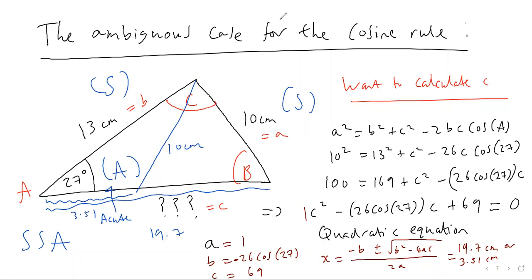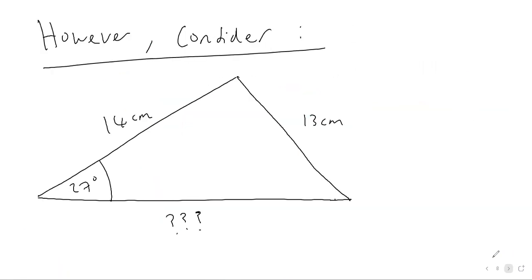So we don't know for certain whether our base is going to be 19.7, the long base, or this small base here, because this 10 could be going down there, or it could be going down there. So that's what this is telling us. So we could actually have two lengths, so it's ambiguous.